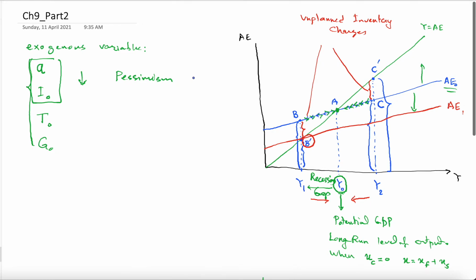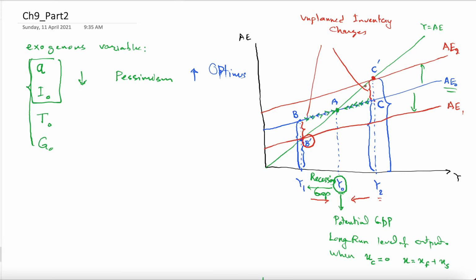Alternatively, maybe optimism happens. If this is going to go upward due to optimism, if the private sector is feeling very excited, the A is increasing, I is increasing, then we may actually move to this level of expenditure, AE2. And the new equilibrium is going to be here, not here.